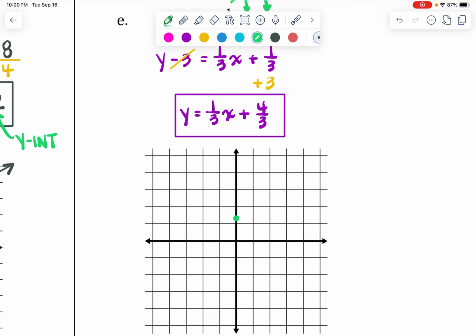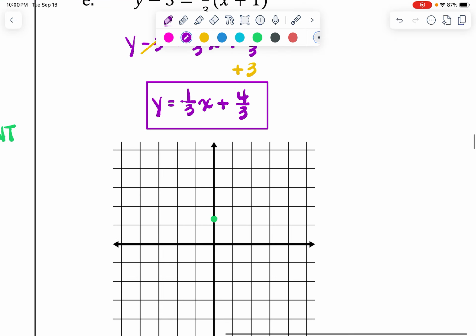And then my slope is telling me to go up 1 full, which would put me here, and then over 3. 1, 2, 3. So this is going to be my landing spot right there if I go up 1 full unit and right 3 full units.